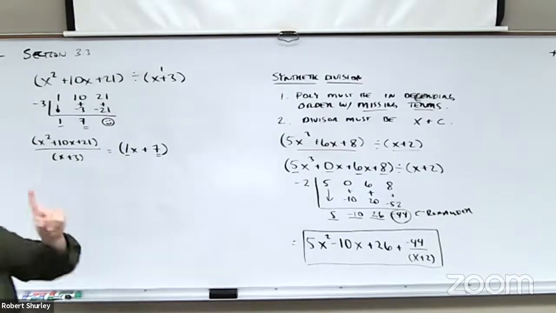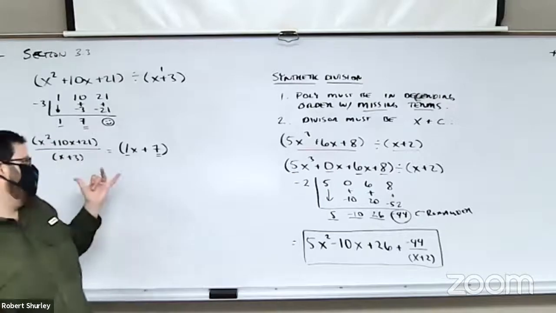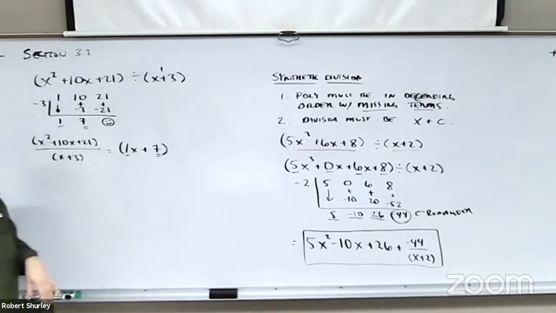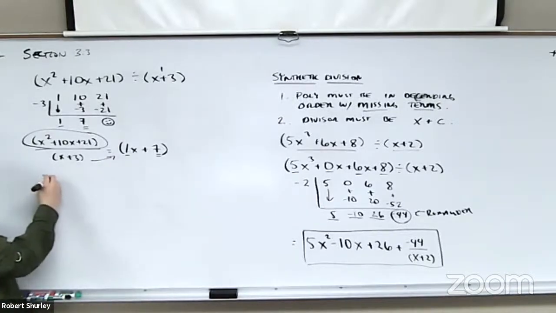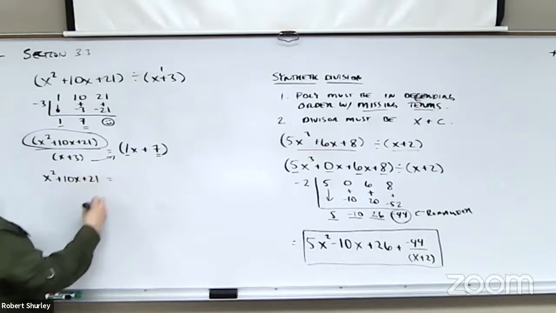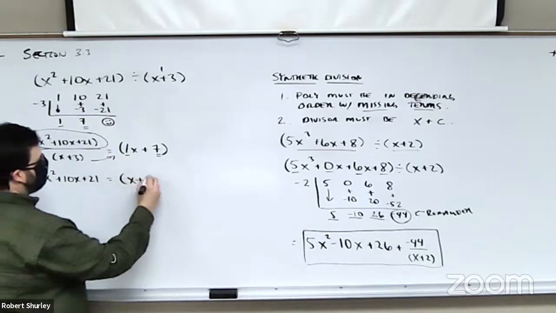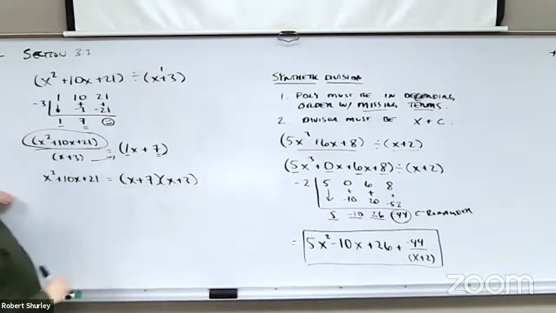Yeah, hold on, Alex. We'll definitely do another one. Sit tight. But I want to go over what this means, okay? What we found are actually the factors of our quotient. So another way to write this is x squared plus 10x plus 21 equals x plus 7 times x plus 3.